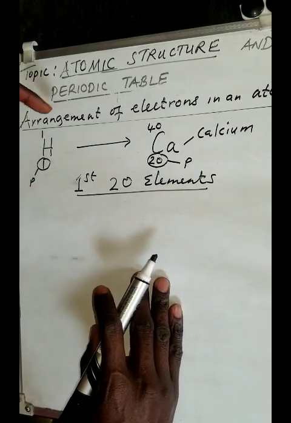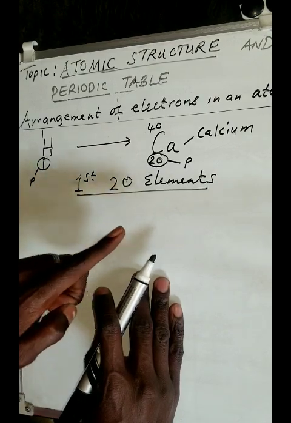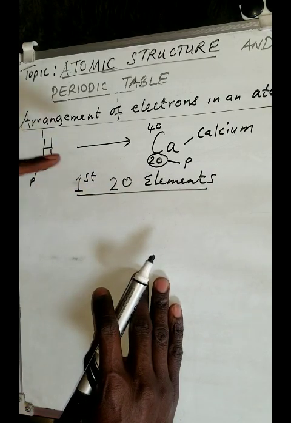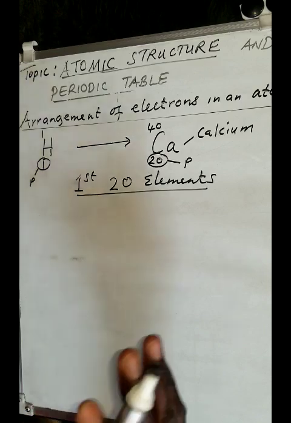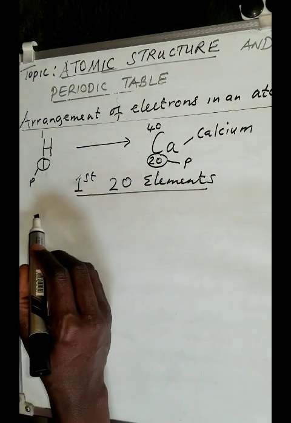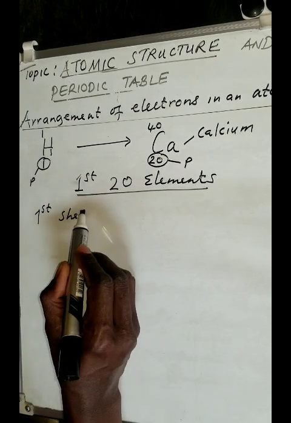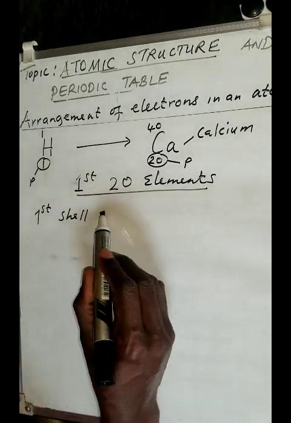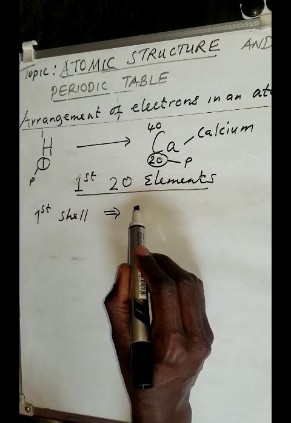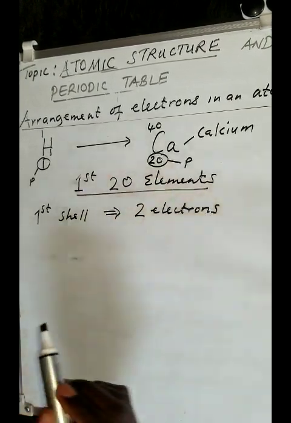Now, when it comes to the arrangement of electrons in an atom, for the first 20 elements on the periodic table, starting from hydrogen to calcium, the electronic arrangement will look like this. In the first shell, or first energy level, you can fill up to 2 electrons.